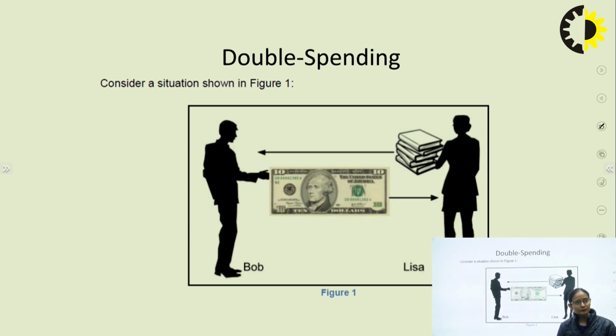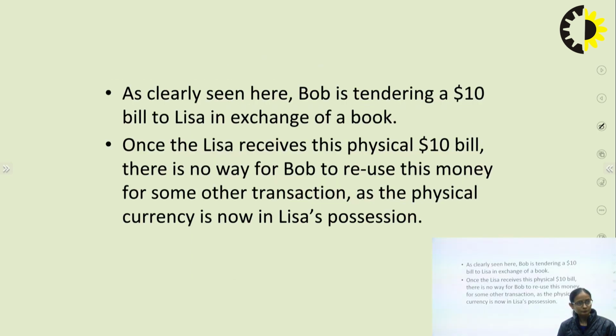Now what happens if somehow Bob is able to use this currency note with another person also? Then this is a double spending problem. It is a kind of cheating which Bob is doing with two persons.